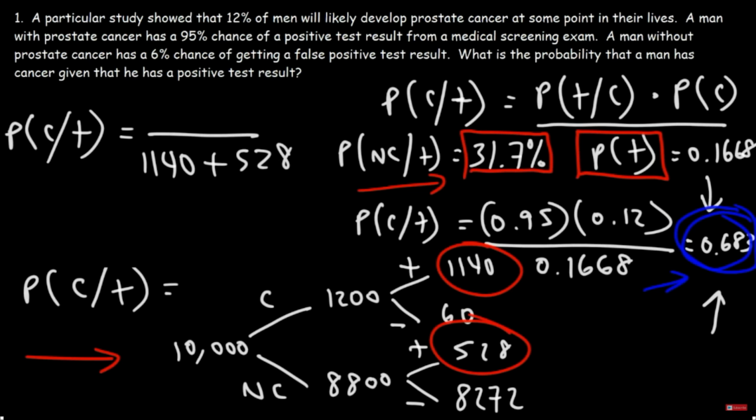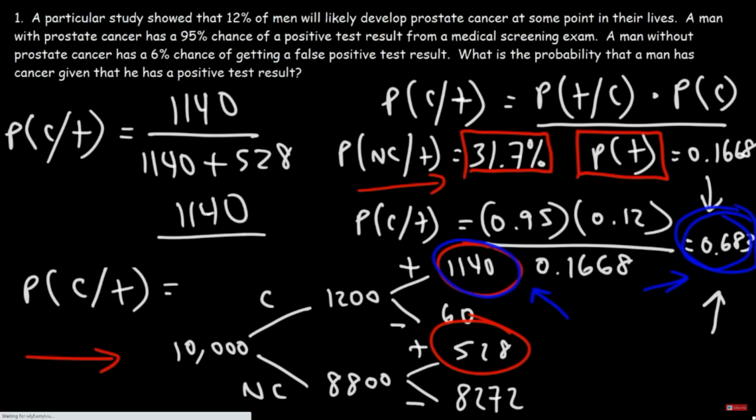Now, out of those who have a positive test result, how many of them have cancer? It's only this number. That's the number who have cancer and have a positive test result. So that's 1140. So let's go ahead and add 1140 plus 528. So that's 1668.